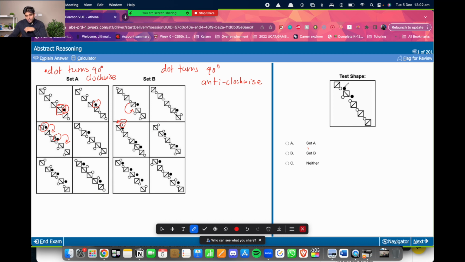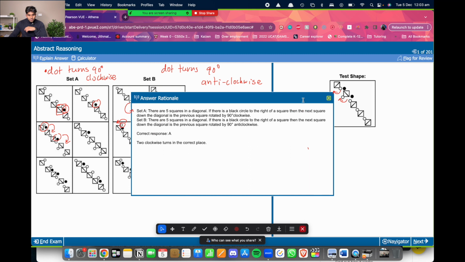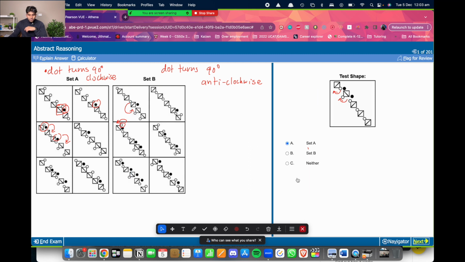Let's have a look at this. This one has shifted it clockwise, then clockwise again, so it must be A. And for the next one, it has shifted it anti-clockwise.